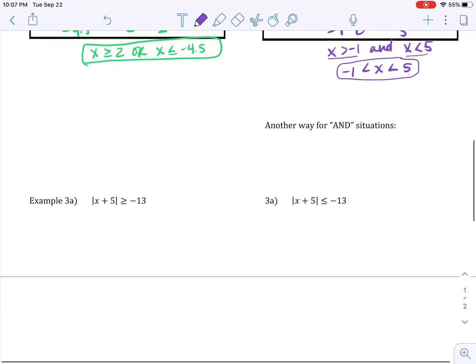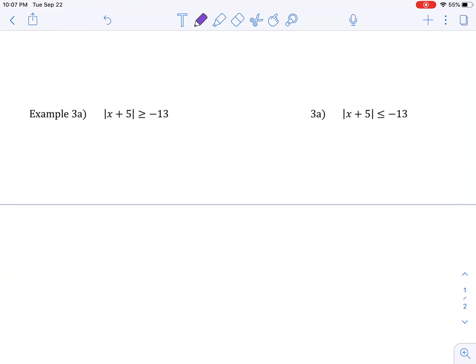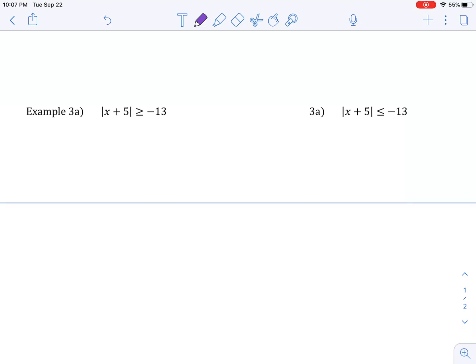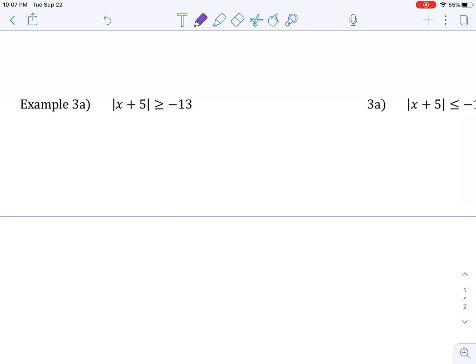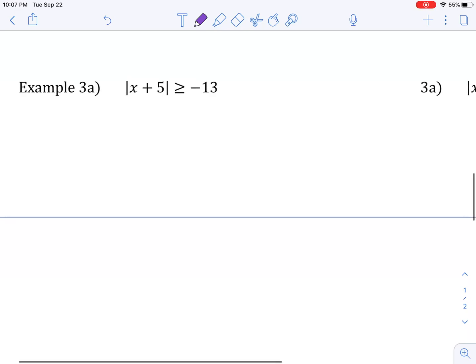All right, last example here. Now, I could show you all the work to this, but I am not going to do that. We're just going to kind of talk it out and think about it. What value can I plug in here and end up with a value greater than negative 13?